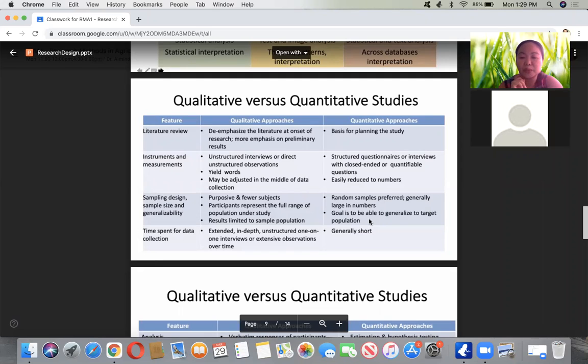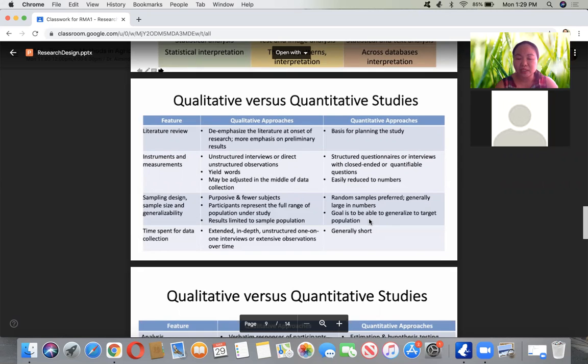When we say experimental, for example in agriculture, we do not use a huge land of like a hectare, no, it's too many to count.